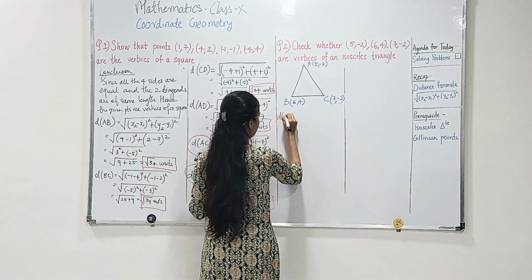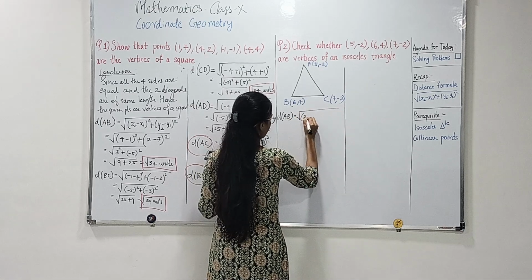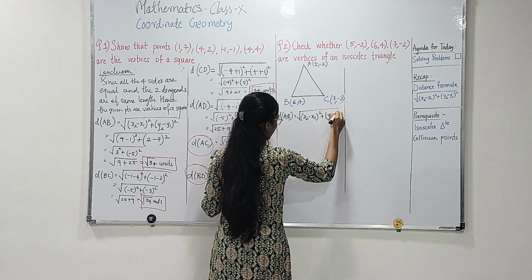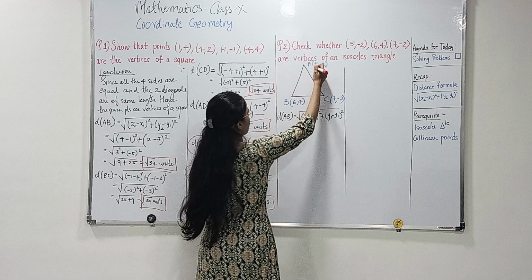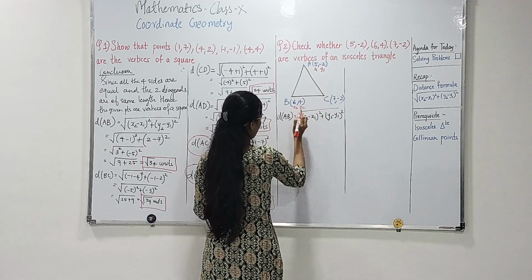So distance AB would be equal to the square root of (x2 minus x1) the whole square plus (y2 minus y1) the whole square. So as per the figure, this is your x1, this is your y1, this is your x2, this is your y2.